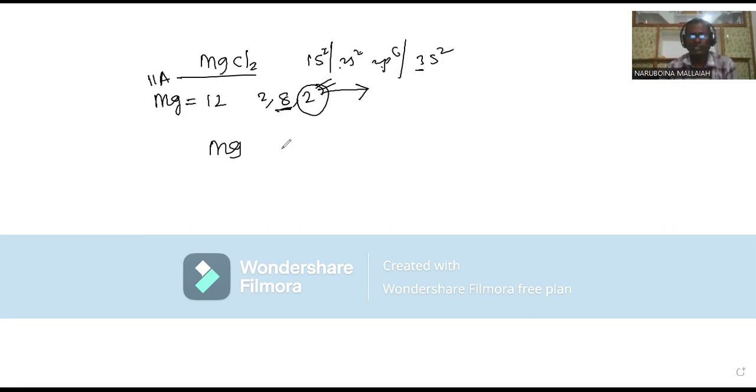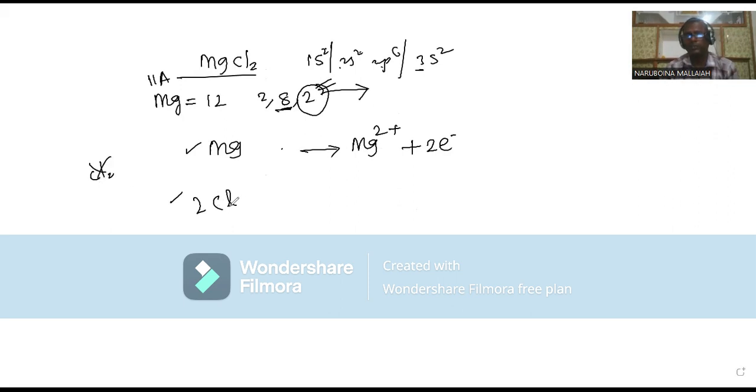So I am writing this equation. Mg, put an arrow mark. Mg becomes Mg2 plus. This is the ion Mg2 plus, by losing 2 electrons. The lost electrons should be written like this, 2 electrons. So now magnesium becomes the Mg2 plus ion. It got two positive charges. Now chlorine. We have to write two chlorine atoms. Cl2 means two chlorine atoms, but while writing these expressions, don't write Cl2.